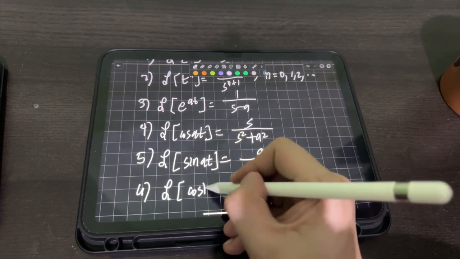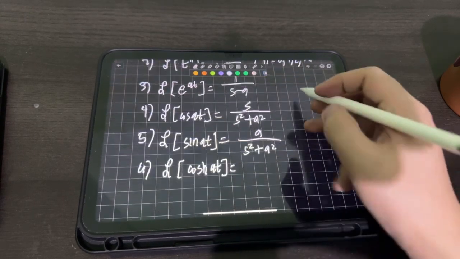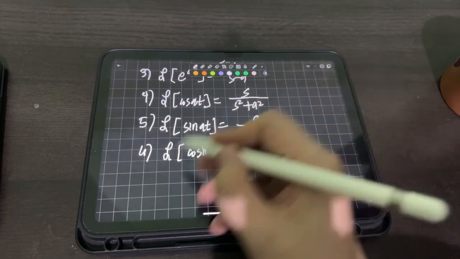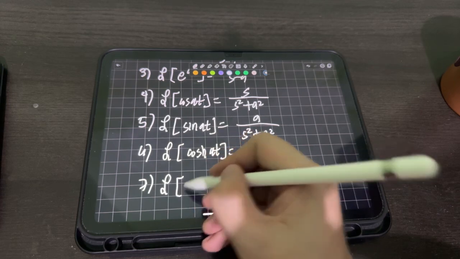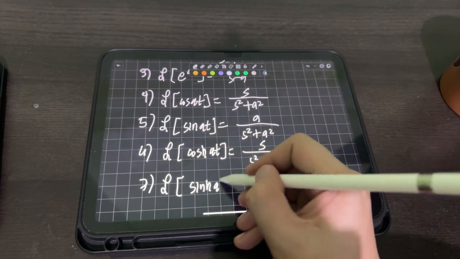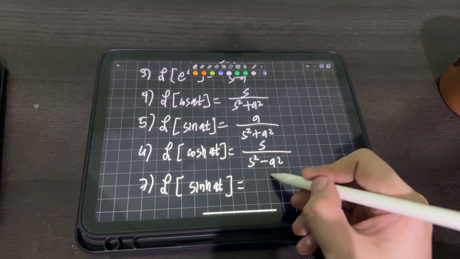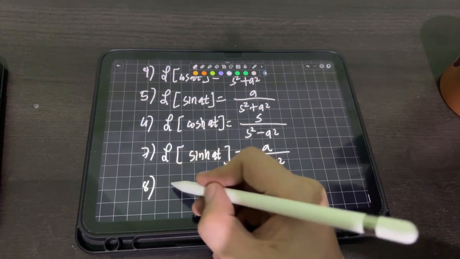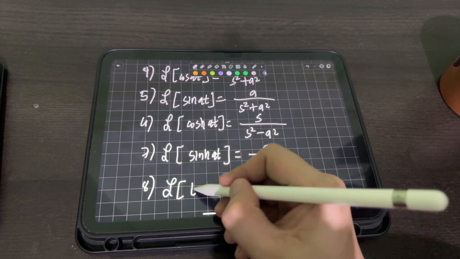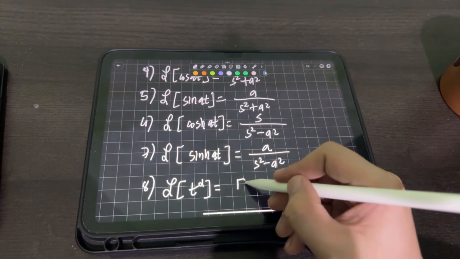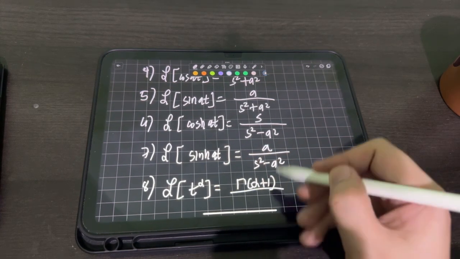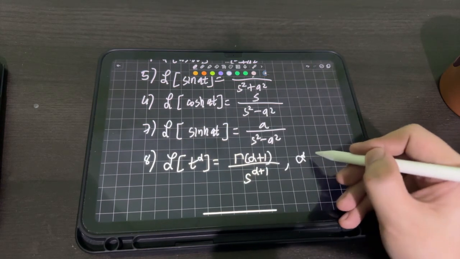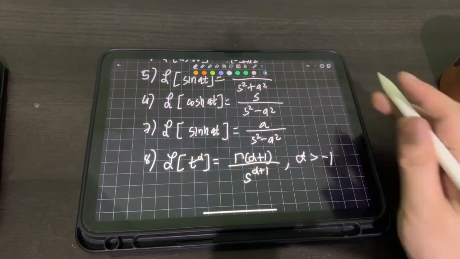Laplace transform of cosh at is s over s squared minus a squared. 7. Laplace transform of sinh at is a over s squared minus a squared. And 8. Laplace transform of t to the alpha is gamma of alpha plus 1 over s raised to alpha plus 1, provided that alpha is greater than negative 1.